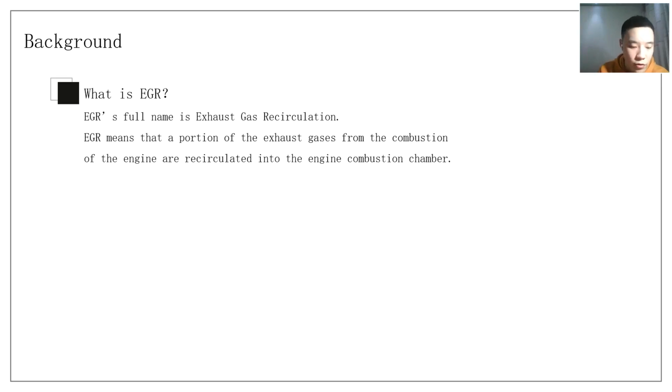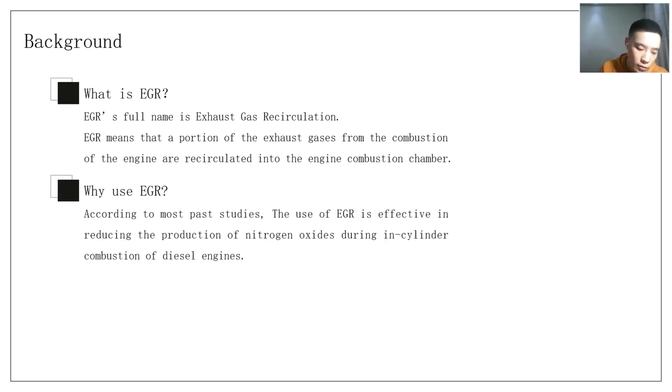Secondly, we need to know why EGR is used. According to most past studies, the use of EGR is effective in reducing the production of nitrogen oxides during in-cylinder combustion of diesel engines.